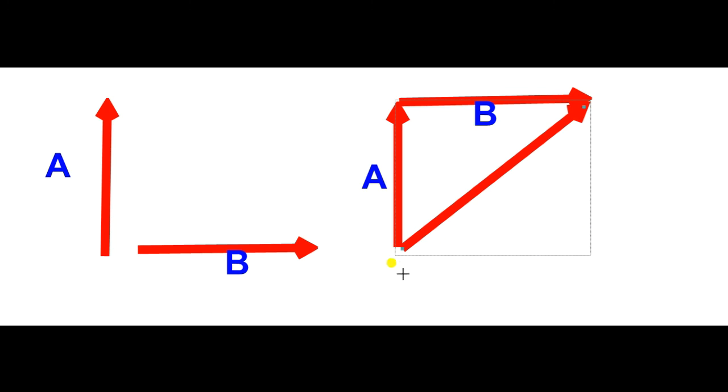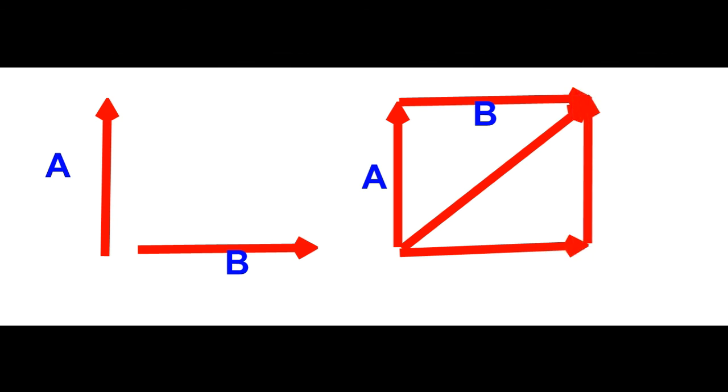We can also change the order, like we can draw vector B first and then vector A, and then we get the resultant vector from the tail of the first vector to the head of the second vector.